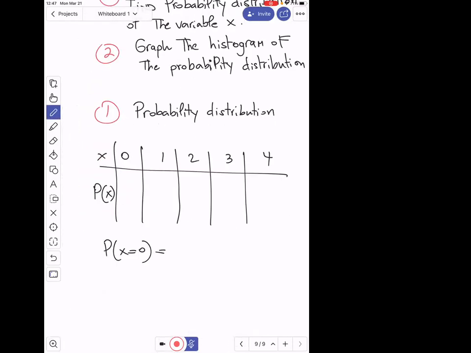So it's 44 divided by 100, which is of course just 0.44, which is 44%, right? So the probability that a random fisherman catches 0 fish is 44%, right? So the probability of X equal to 0 is 44%.